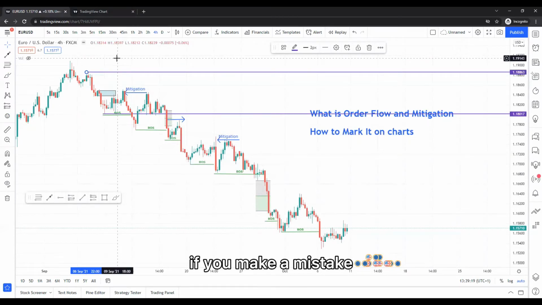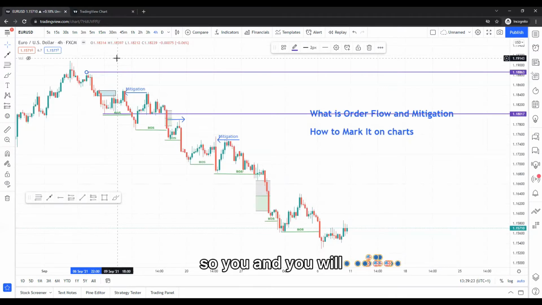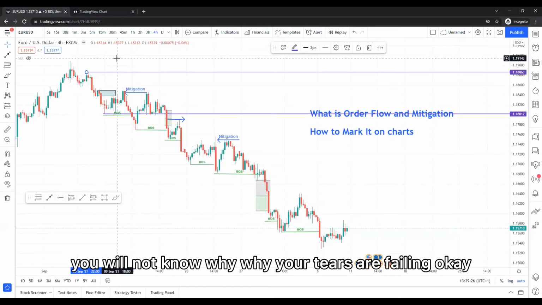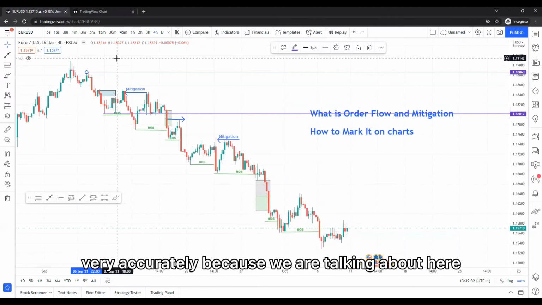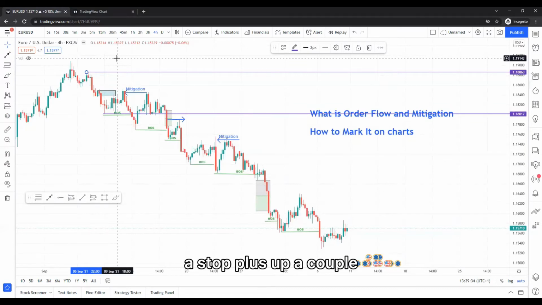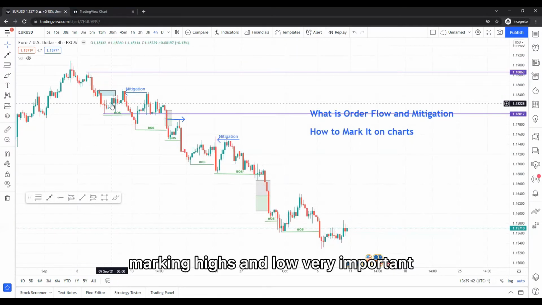If you make a mistake marking highs and lows, everything will fall apart, and you will not know why your trades are failing. You need to mark those very accurately, because we are talking about a stop loss of a couple of pips, 2 or 3 pips. You need to be accurate, otherwise this strategy will not work. Marking highs and lows is very important.